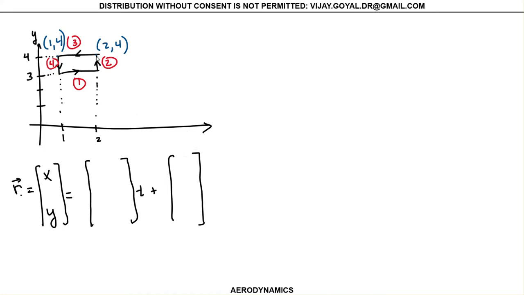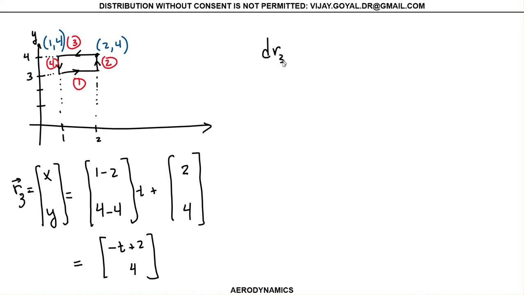So this is my initial coordinates, that will be 2 and 4. And this coordinate then will be the final minus the initial. In the x, it is 1 minus 2. In the y, it is 4 minus 4. So when you do this, you will find that this is equal to minus t plus 2, 4. You can do the math, you can add this and do the math. That's what you get. This is for segment number 3.